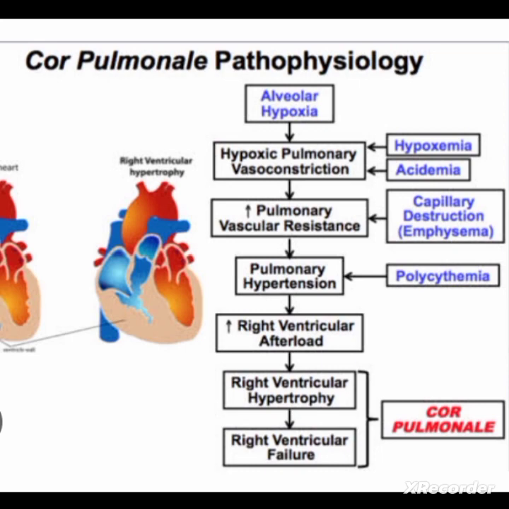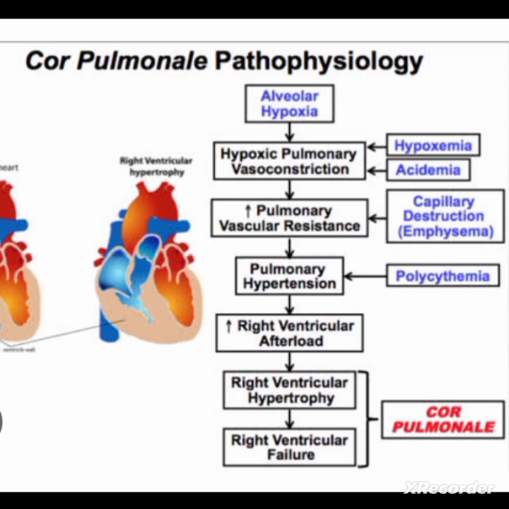This vasoconstriction leads to increased pulmonary vascular resistance, which leads to pulmonary hypertension. In pulmonary hypertension, there is increased right ventricular afterload. That's why there will be right ventricular hypertrophy and right ventricular failure, which leads to cor pulmonale.